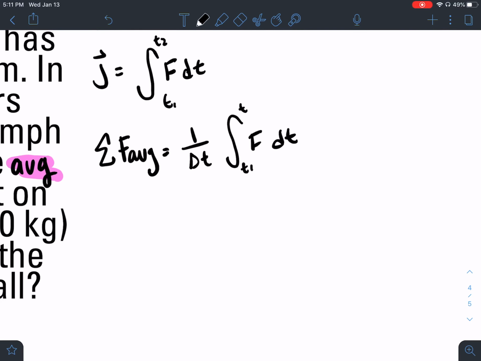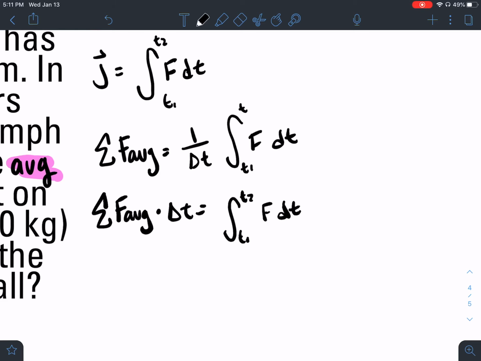The really cool thing is if we rearrange this, we bring the delta t up. We get this.